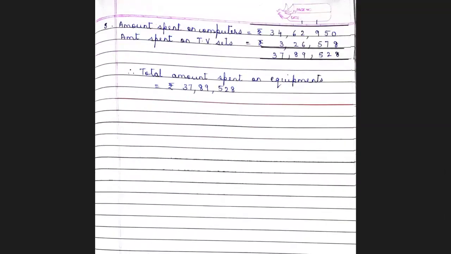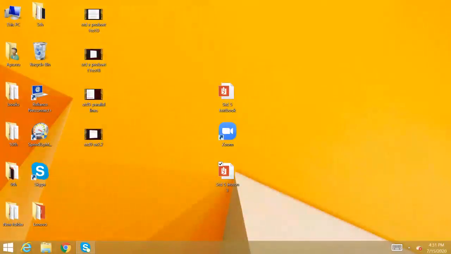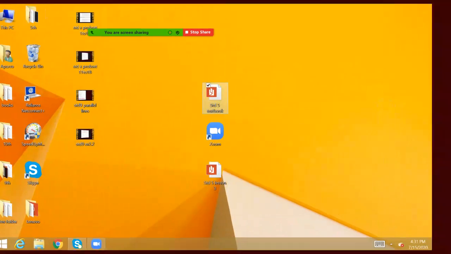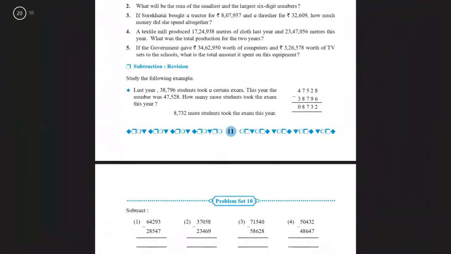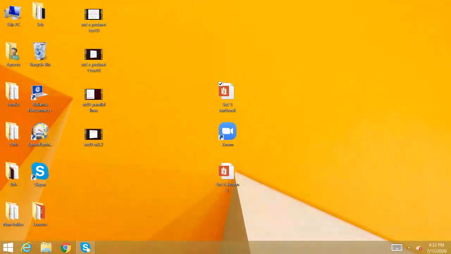We go to the last question, that's question number 5. If the government gave rupees 34 lakhs 62,950 worth of computers and rupees 3 lakh 26,578 worth of TV sets to the schools, what is the total amount it spent on the equipments? So once again, we need to add it up.